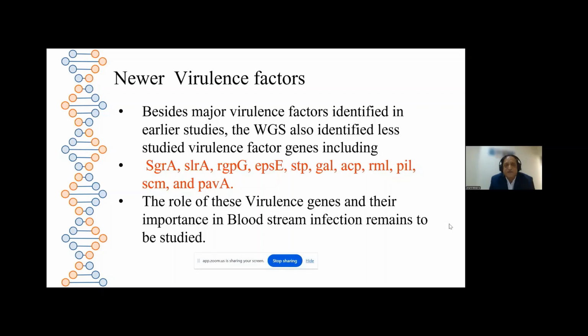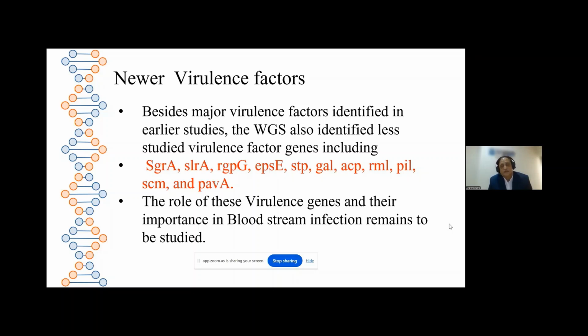We also found some newer virulence factors because this is the first study of its kind done on human isolates about the genes. Earlier studies of the genetic virulence factors were done on animal isolates, and most of them were done by PCR. This is the first of its kind which was done on WGS, and thanks to the Biotechnology Center at Gandhinagar, who helped us in the whole genome sequencing.